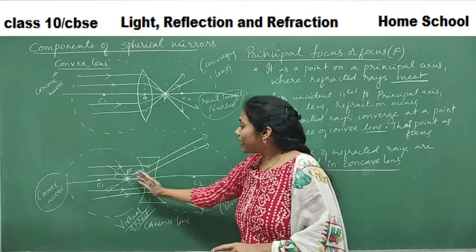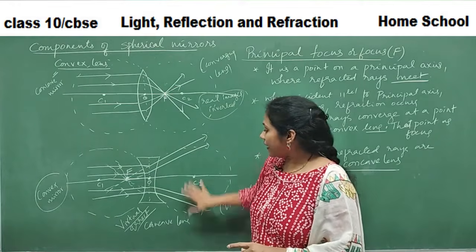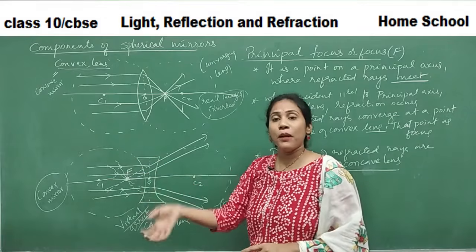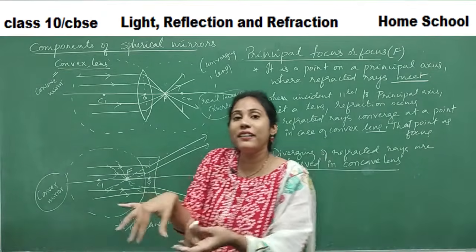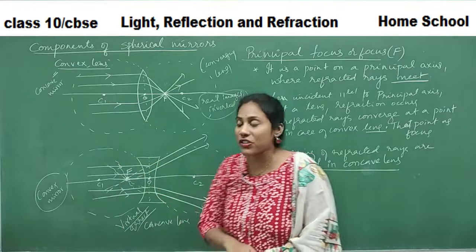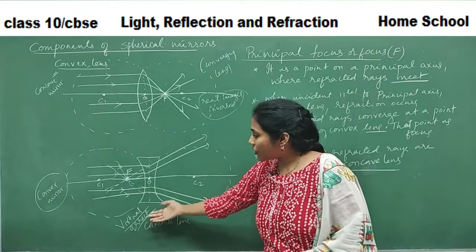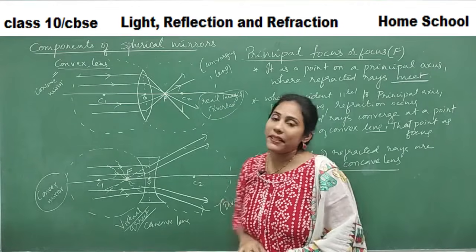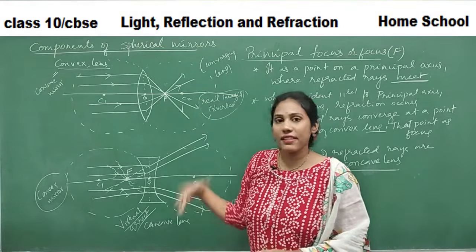But here they are meeting behind. The refracted rays are here, but they are meeting behind, so the image is formed behind. The one which is formed behind is a virtual image. So virtual and erect images you will find here. In case of a convex lens, real and inverted images you will find. Anyway, we will discuss this later.